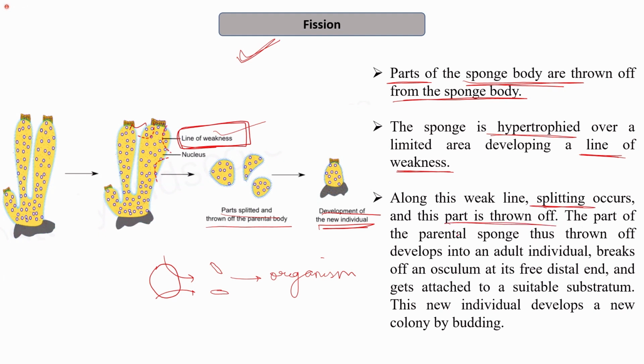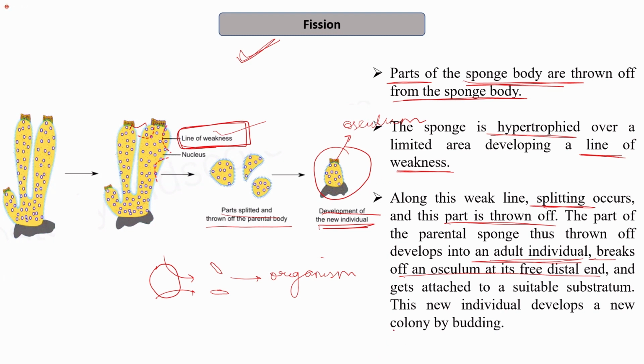The part of the parental sponge thus thrown off develops into a separate adult individual, and breaks off an osculum at its free distal end and gets attached to a suitable substratum. You can see that these parts developed into the complete organism that has an osculum at the free distal end, and at the base it gets attached to the substratum.